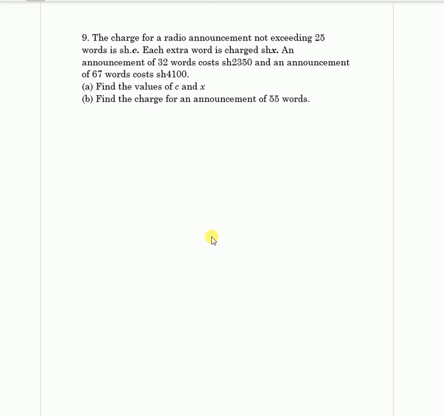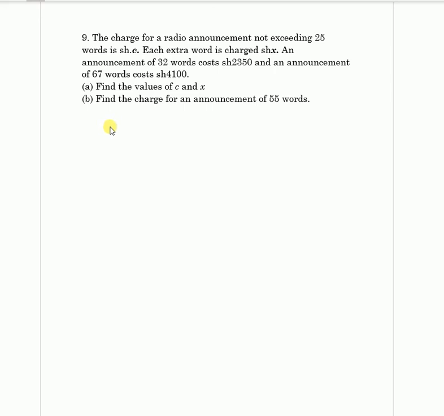Everything has already been given to us. We just need to write the equations. If your announcement contains 32 words, how many extra words does it have?